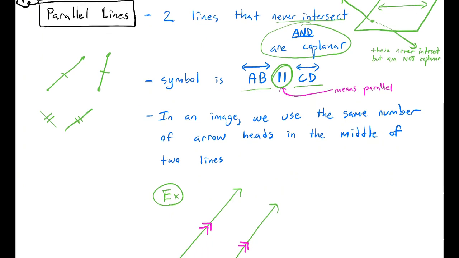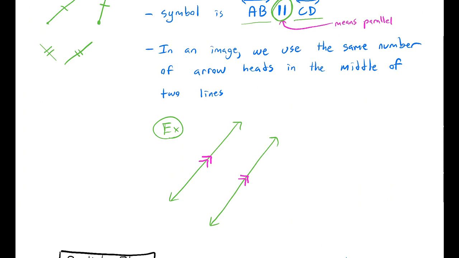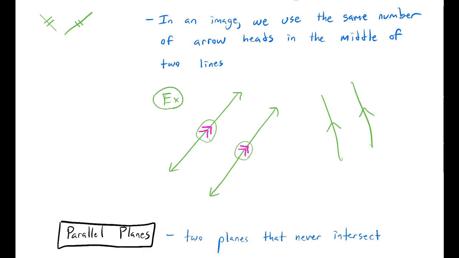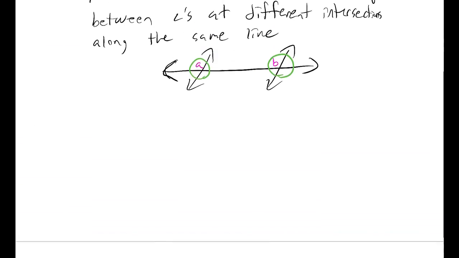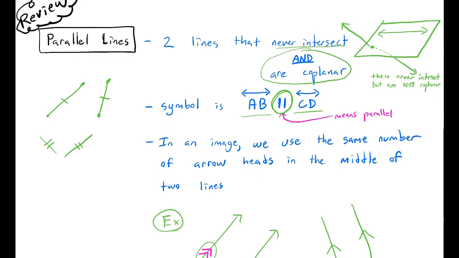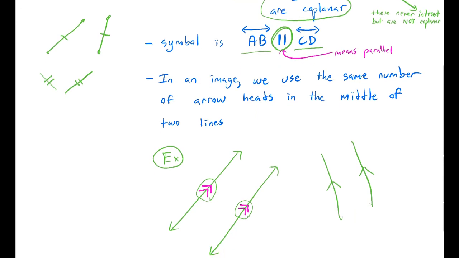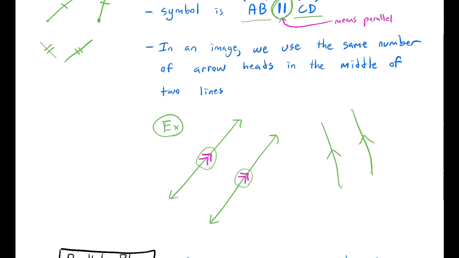We do the same thing with parallel lines, except we put arrowheads in the middle of lines. So two arrowheads match with two, means these two lines are parallel. Or I could have another set of lines over here and go one in the middle, one in the middle. And those arrowheads in the middle of the same number tell you which lines in the picture are parallel. Okay, so I'm just reviewing the vocabulary, but maybe establishing some new symbols and some new language we'll use around it.